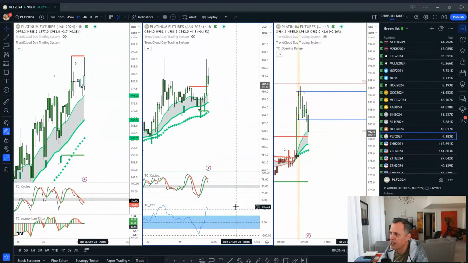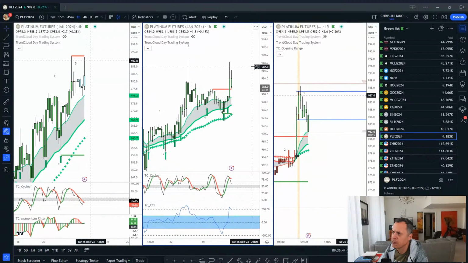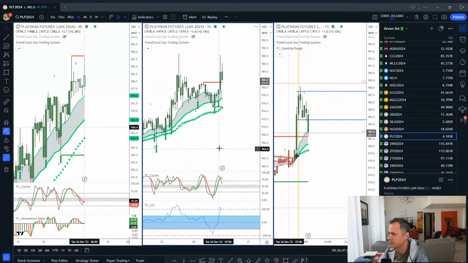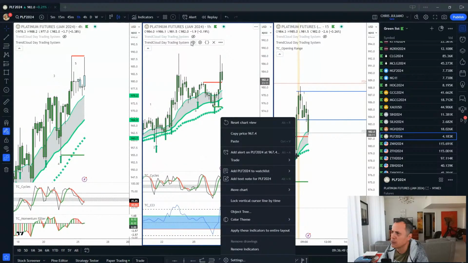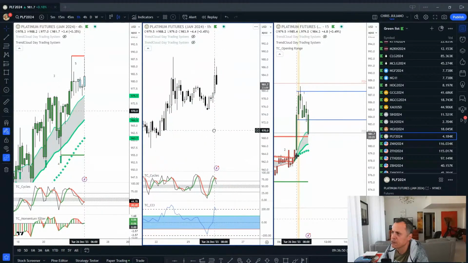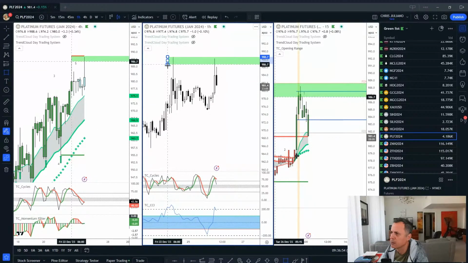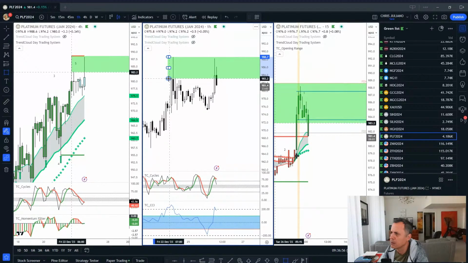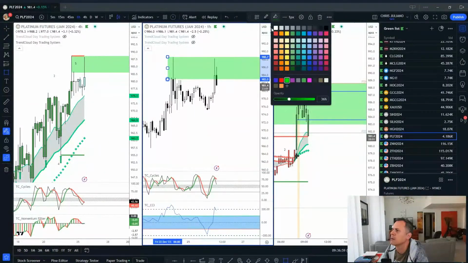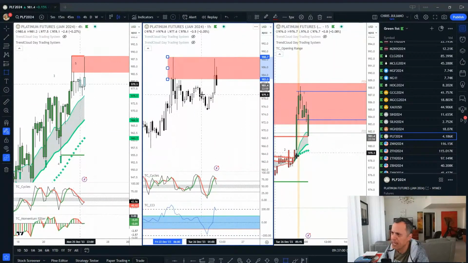This would be a good opportunity to start looking for double top, right? So why don't we start preparing ourselves for the fact that this right here could be our double top.